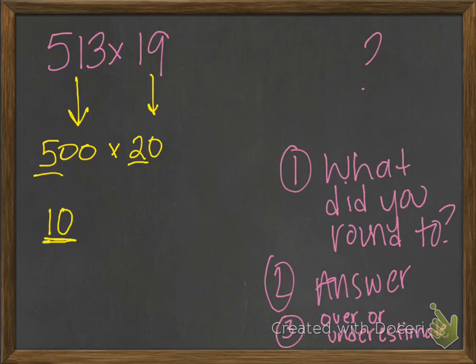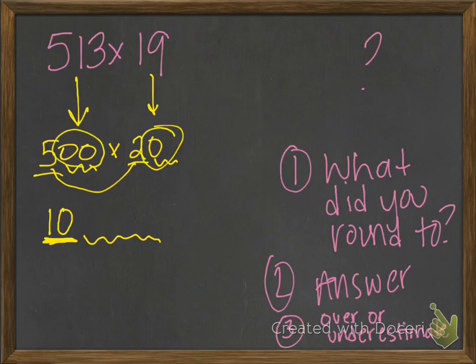This 10, that 0 in the 10, does not count towards these zeros. These are special zeros. So the special zeros come after the 10 that we got from 5 times 2. So now we have to add on 3 zeros to the back. So 1, 2, 3, add my comma, and I get 10,000.